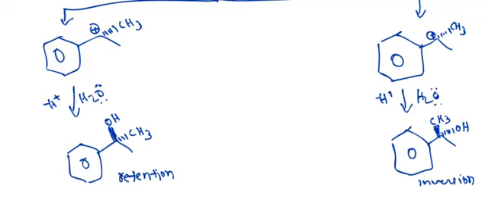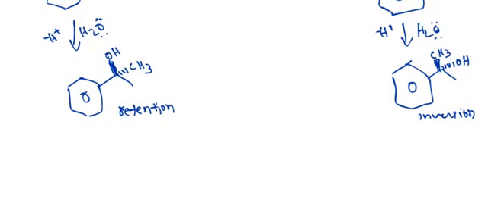If retention and inversion are both 50-50%, then we get a racemic mixture. But here inversion is dominant over retention.